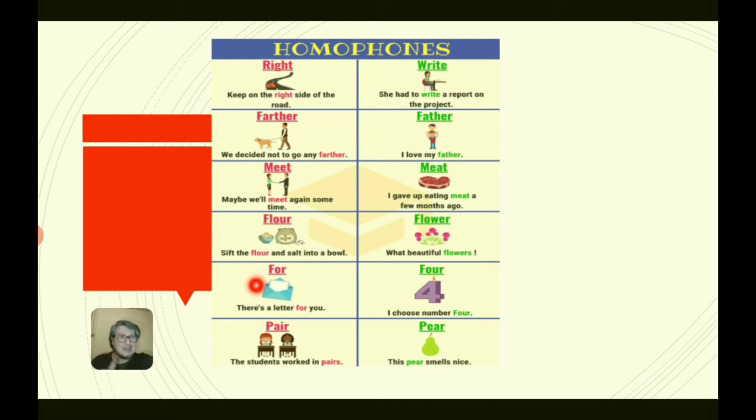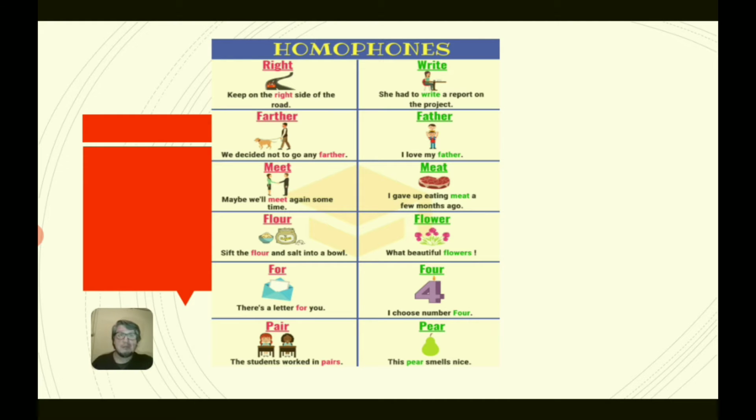Okay? Good. These two have absolutely the same pronunciation, but they are written absolutely differently, which are for: there's a letter for you, this is for you, and four: I choose number 4.